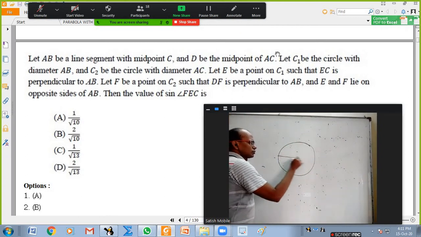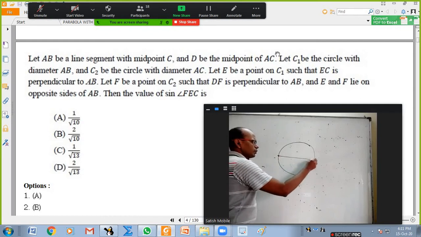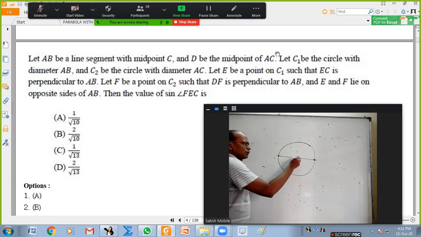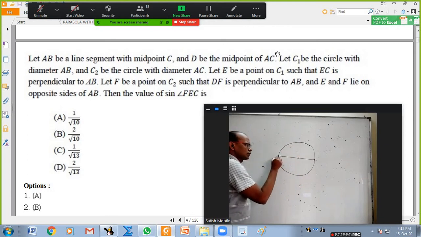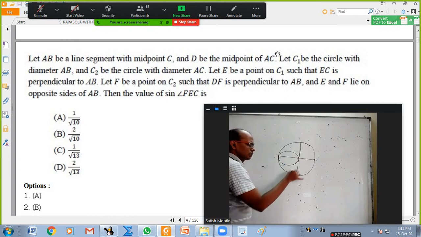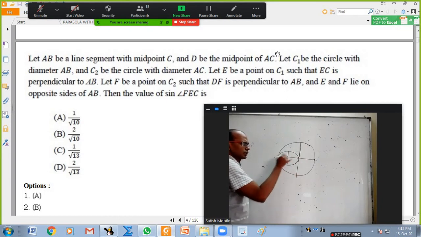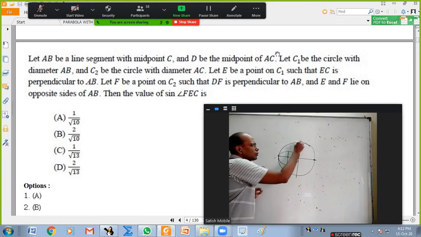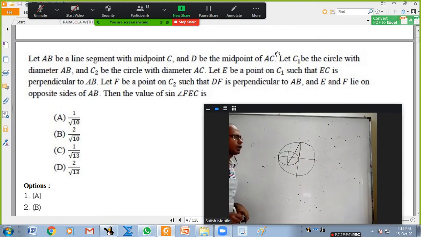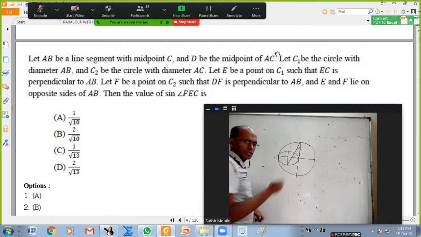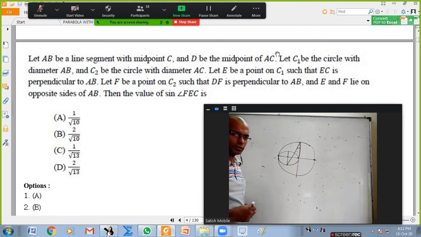Actually, there are 2 points here, and there are some other 2 points. There's one circle with these 2 ends of diameter, one circle with these 2 ends of diameter. One line is drawn here, one line is drawn here. They want to join this and this, and then they wanted cos of this angle or sine of that angle. That is the overall question.